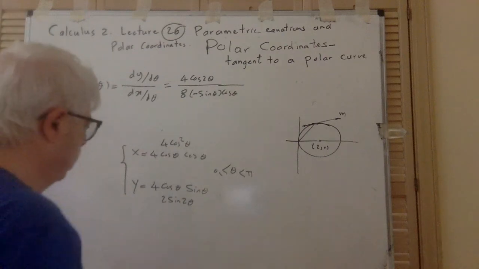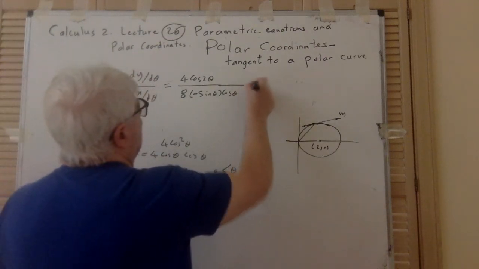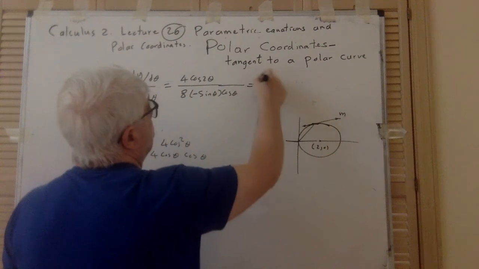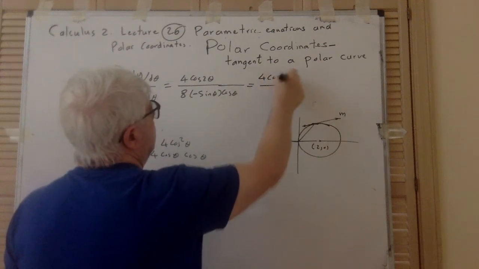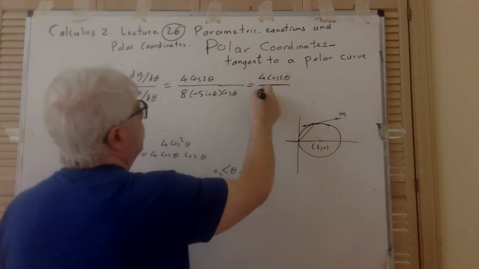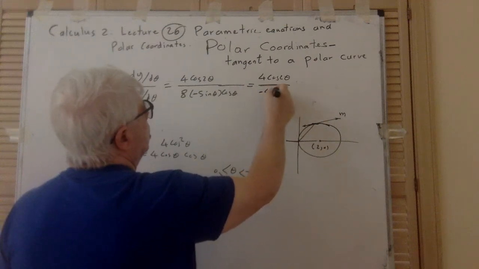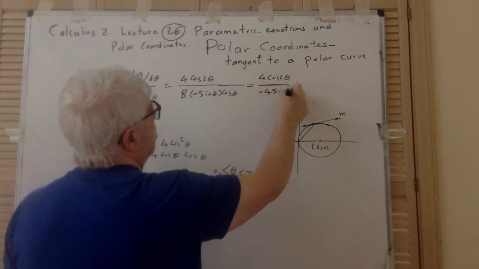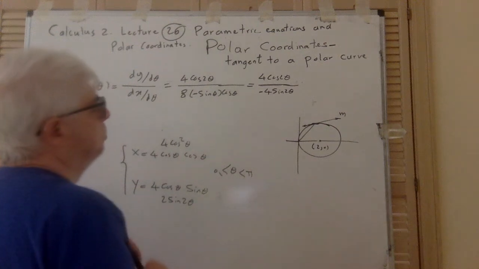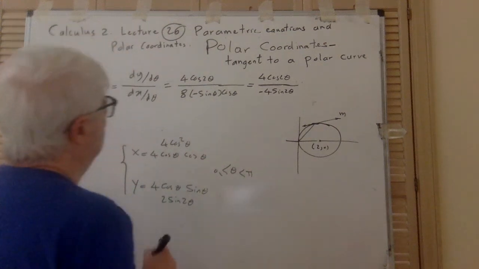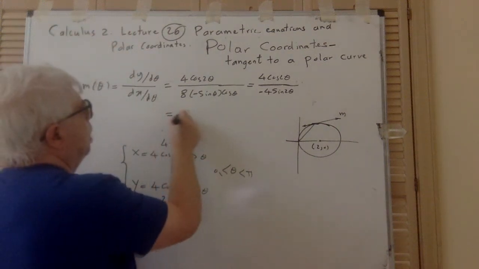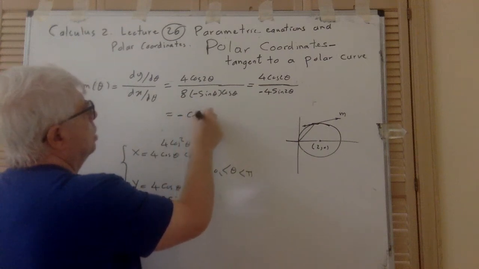So that is in fact 4 cosine 2 theta, and the denominator is in fact minus 4 sine 2 theta. Okay, so it is in fact minus cotangent 2 theta.